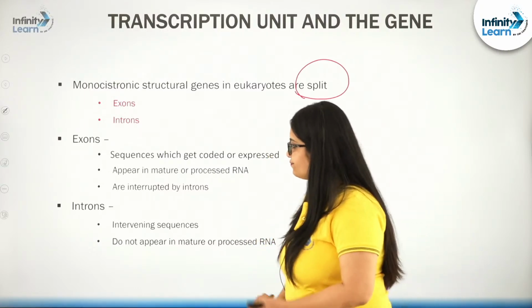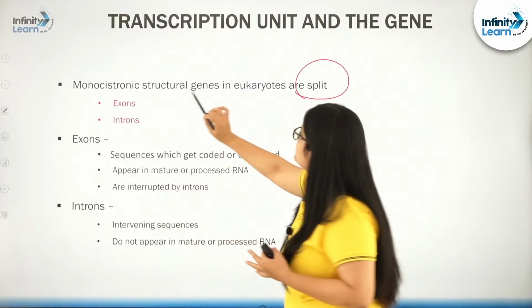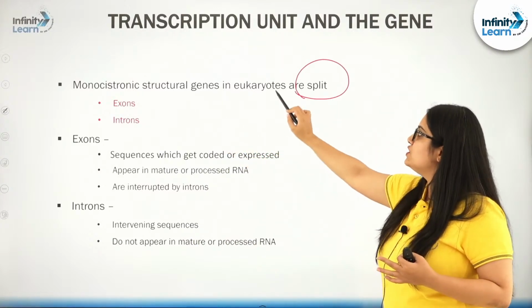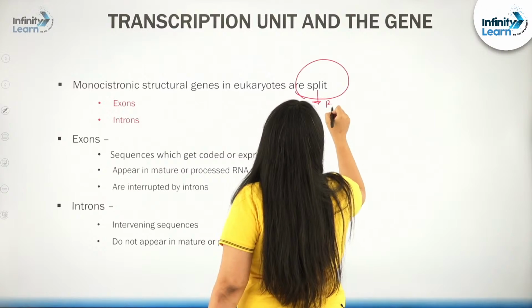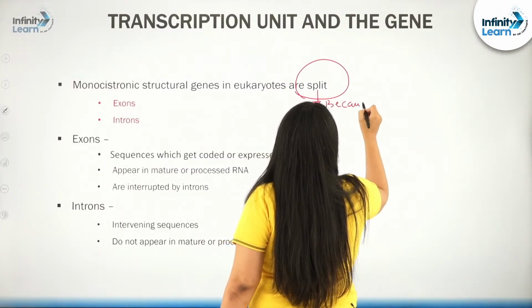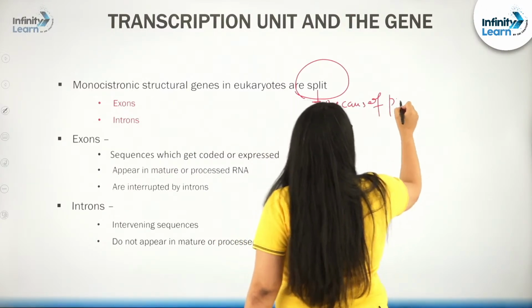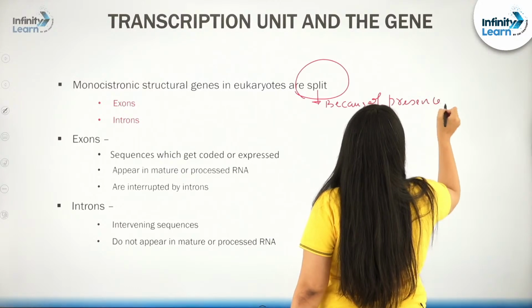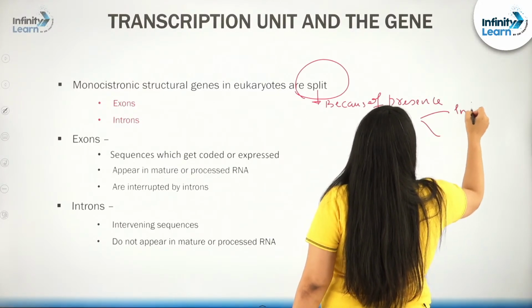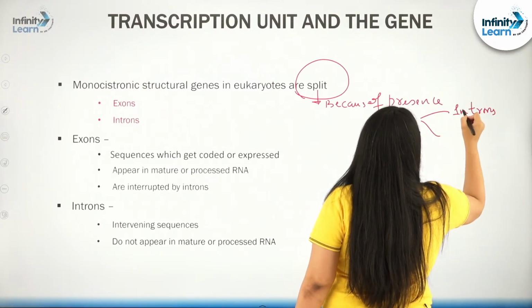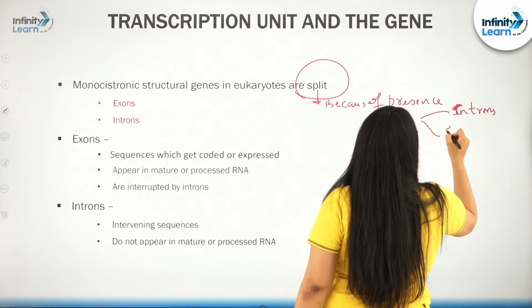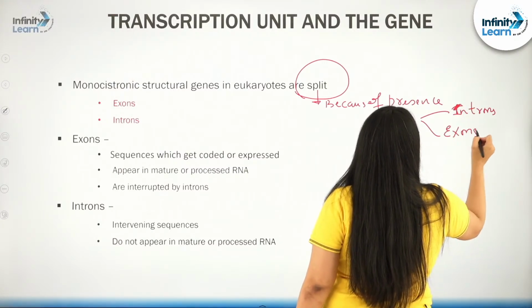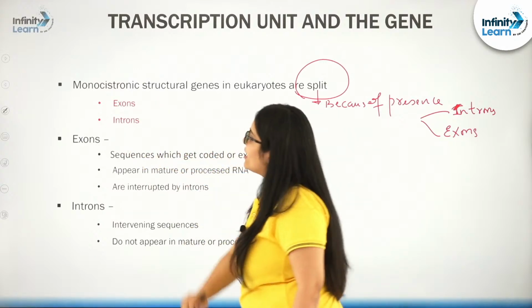See here, monocistronic structural genes in eukaryotes are split type because of the presence of introns and exons, right? See here, what are exons?